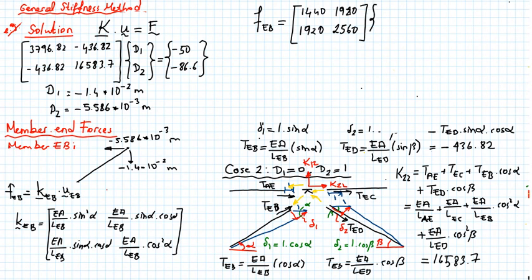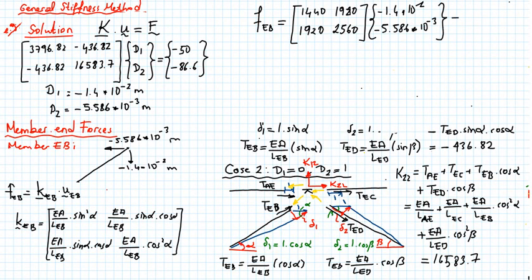The displacements are minus 1.4 times 10 to the power minus 2 and minus 5.586 times 10 to the power minus 3.